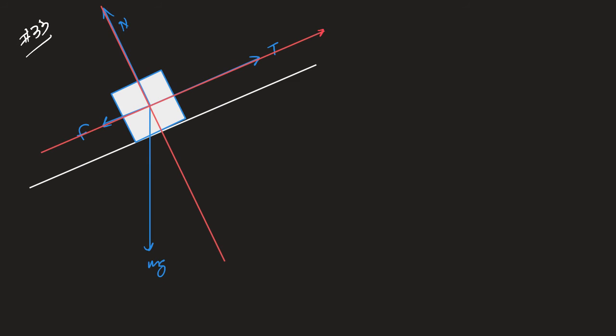So I need to make sure my positive x direction is in the direction of the acceleration. So I'm going to make this the positive x direction, and this is the positive y direction. That makes this the negative direction, and this the negative direction. I'm going to recognize that because it's on a ramp, the angle goes here. Notice the angle between the weight and the force that lines up with the y-axis.